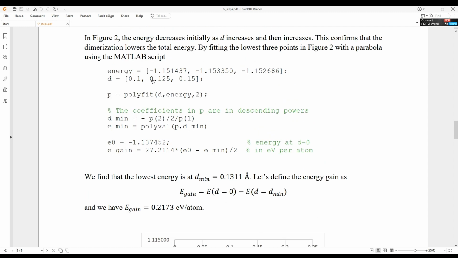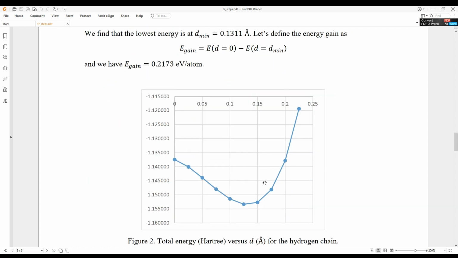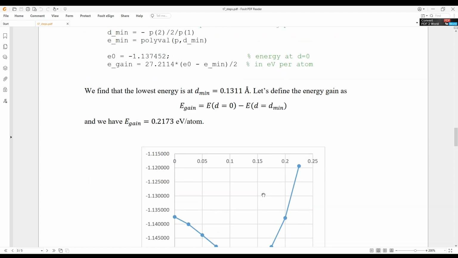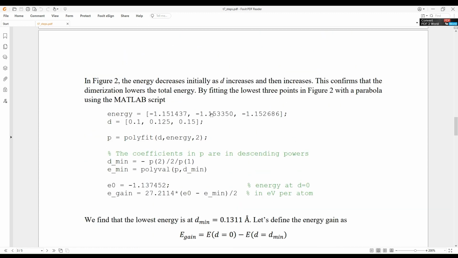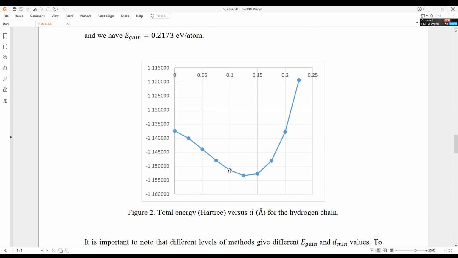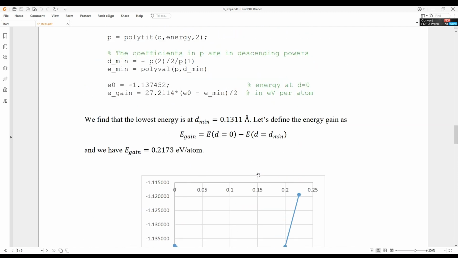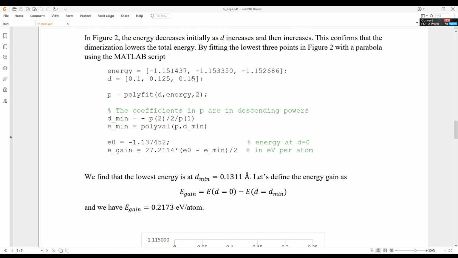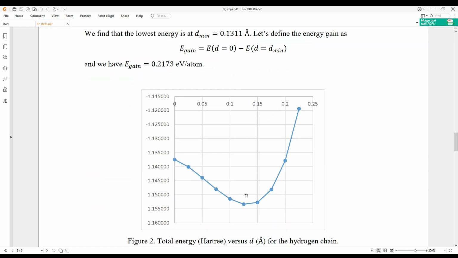You can see that I just give the energies for these 3 points here. I also gave the d values, 0.1, 0.125, 0.15, to here. I use the polyfit function in MATLAB to fit these 3 points with a parabola, and then I compute the lowest position for this parabola.